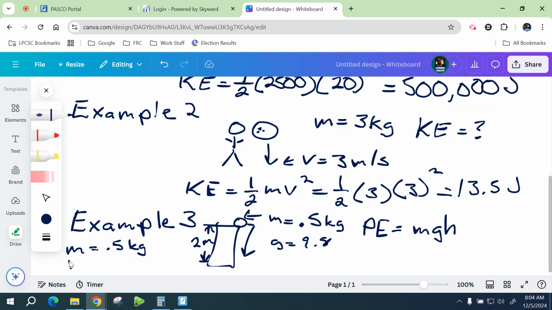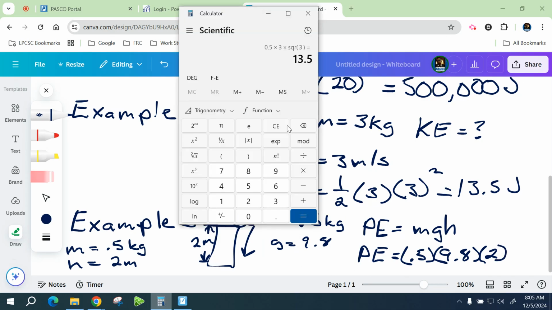Well, we said that the mass of the object is 0.5 kilograms. We said that the height is 2 meters. And gravity, or the acceleration due to gravity, is 9.8. So to find the potential energy of this, I'm just going to say 0.5 times the 9.8 times the height, which is 2. Okay? And then we just plug that in the calculator.